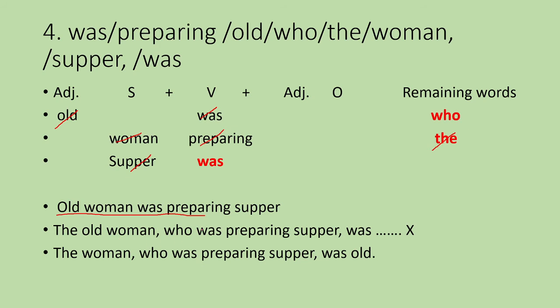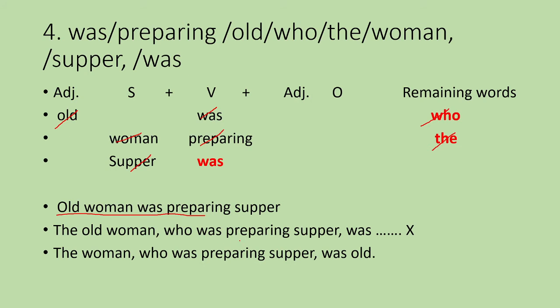But we have who also. So we can write here who was preparing supper. We have used who because there is a comma already given after woman. So the old woman who was preparing supper. There is a comma given after supper also. Now one was is left, so that was will be written here.